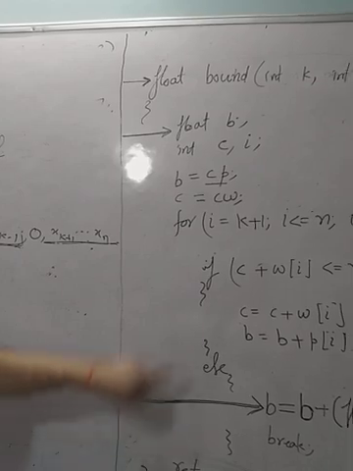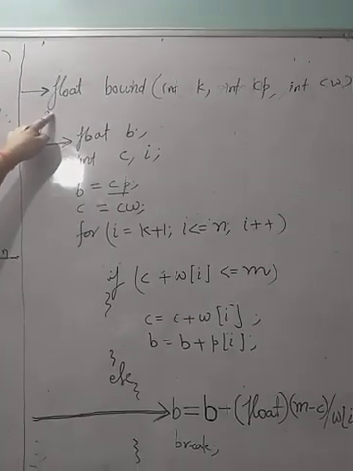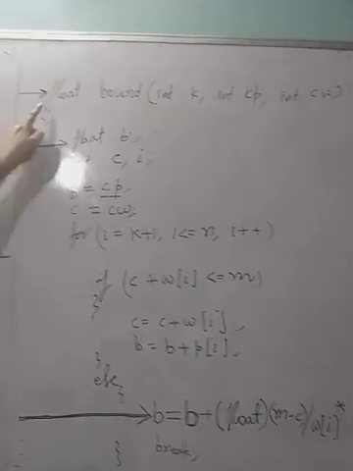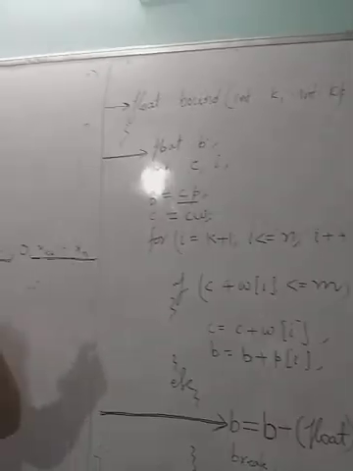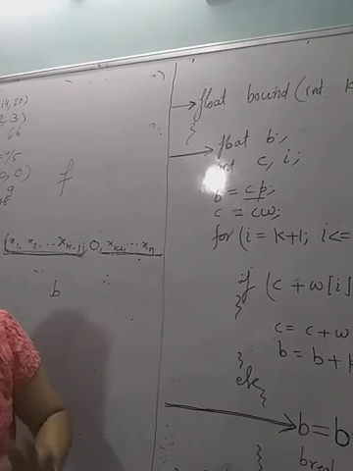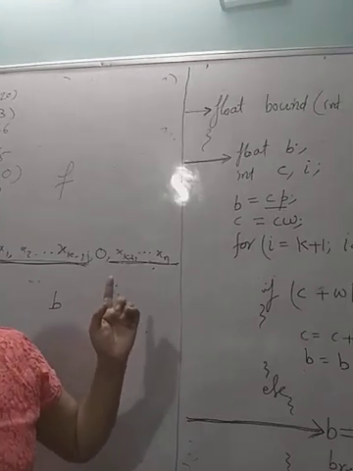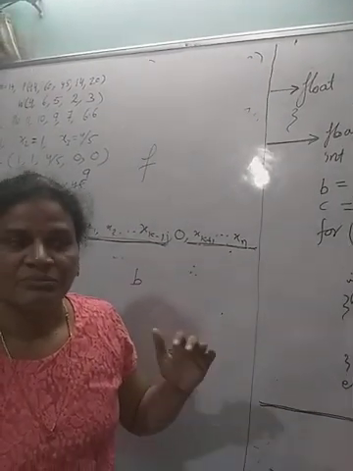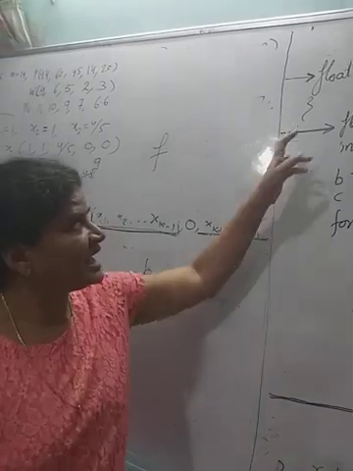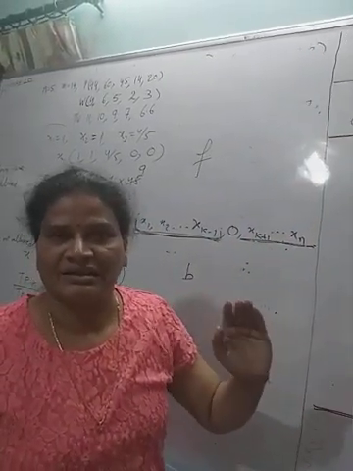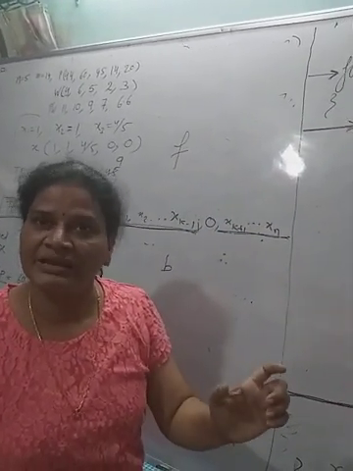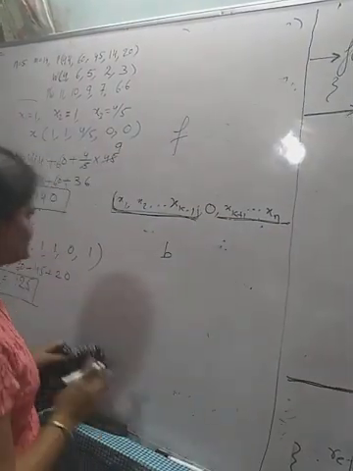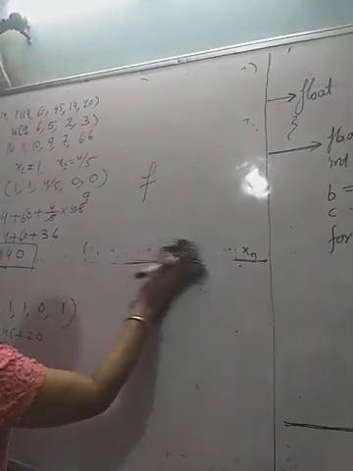B is float, so the return type of the bound function is float, as well as the f variable. There is only one change in the main function: you declare f also float, because float or real means f may be a fraction.